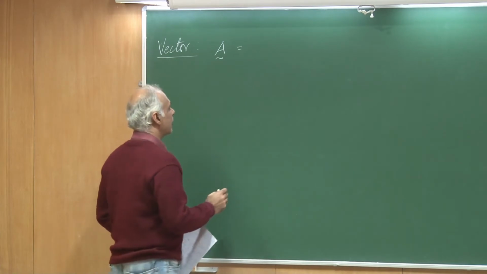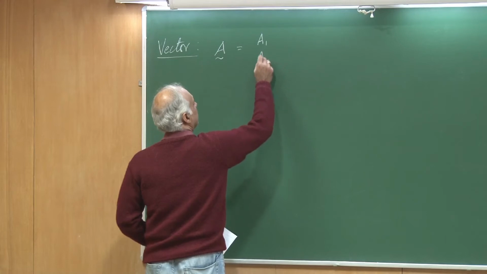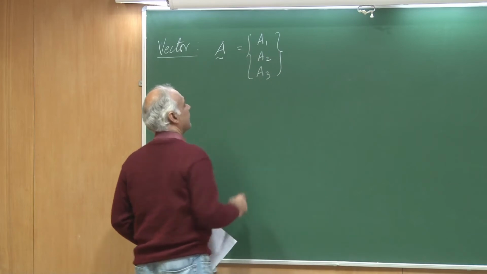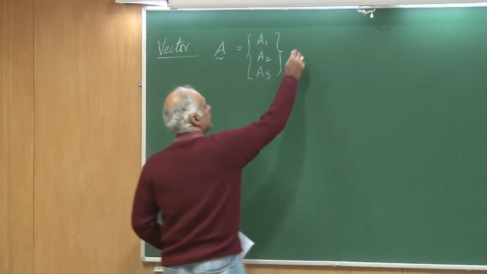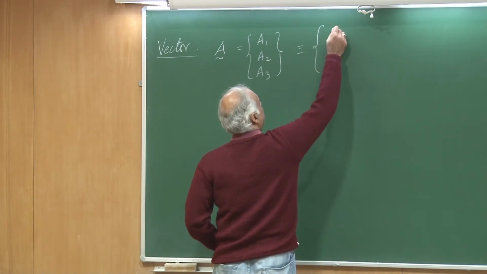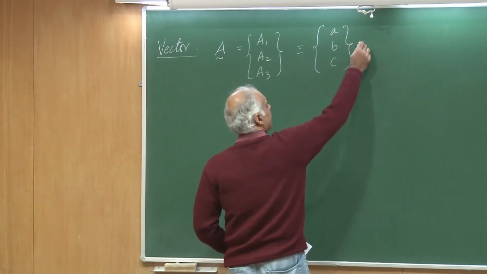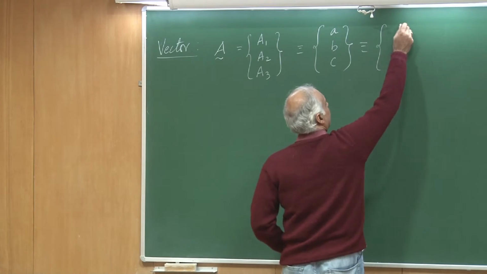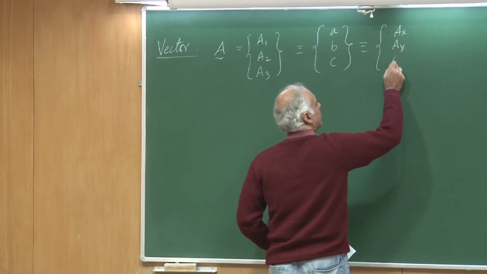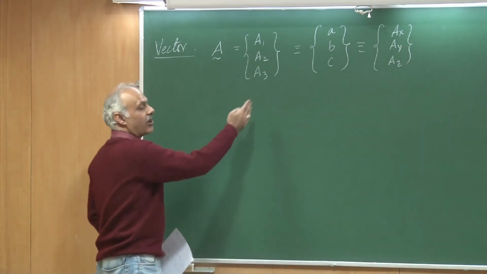I could talk about the components as A1, A2 and let us say A3. Sometimes we use the notation that these are components like A, B, C, or we may say that these are components like A in the x direction, the projection of A in the y direction and projection of A in the z direction. They are all synonymous.